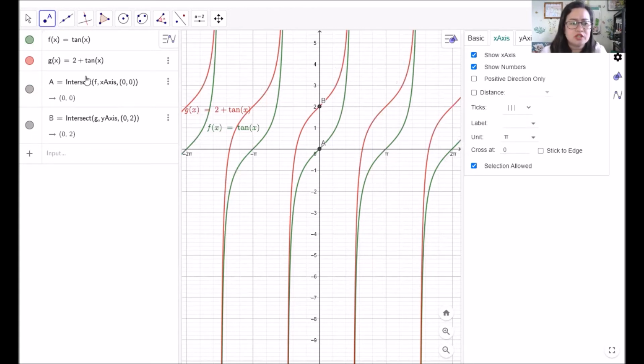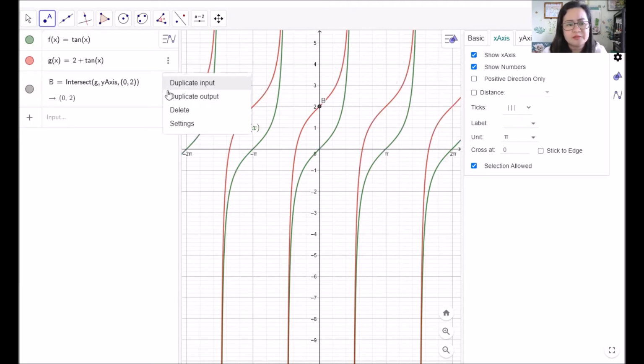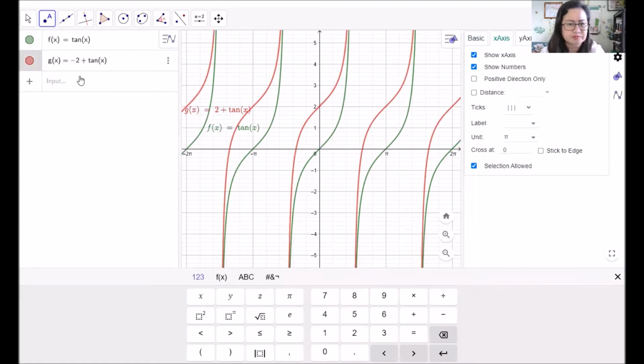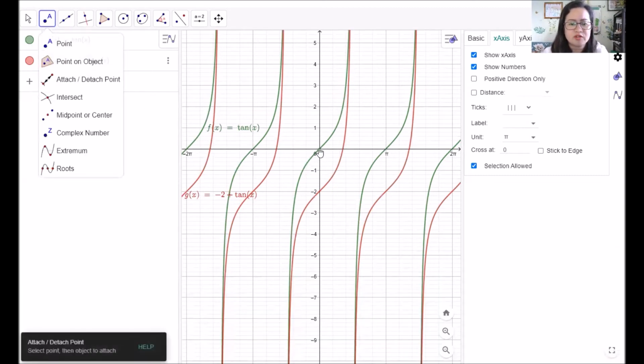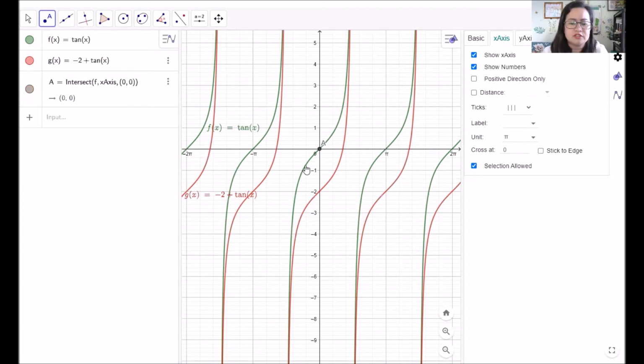Now what about if the value of b becomes, let's say, -2? Look what happens to the graph. Again, this is the turning point of the original function.